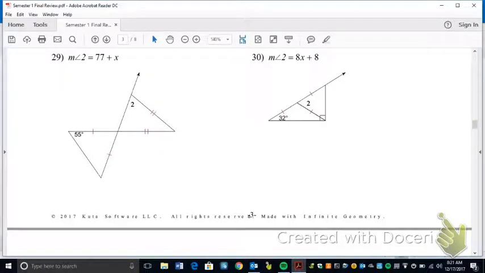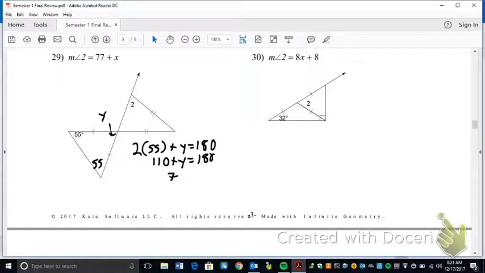More of the same here, 29 and 30. So we start off with 55. We know the other one's 55. 2 times 55 plus y equals 180. You can name it anything. You can name it z, w, Blue, Patty, I don't care. So we have 110 plus y equals 180. So then we get y equals 70.